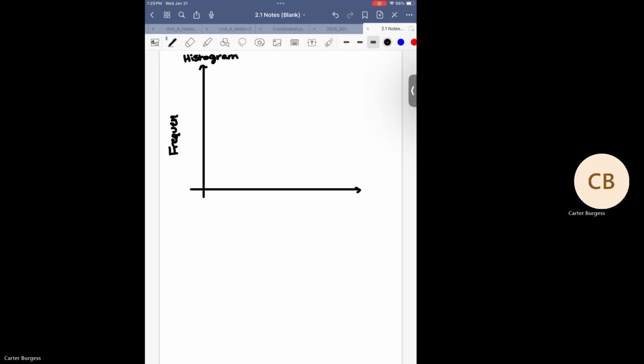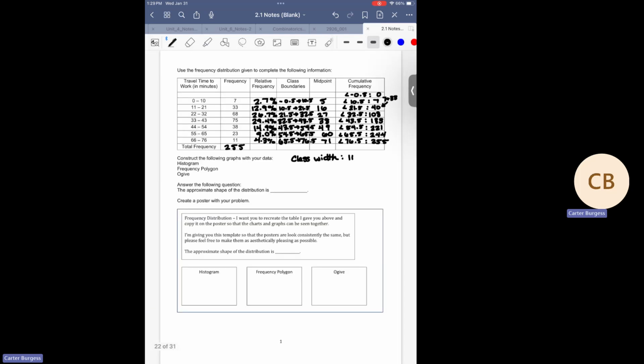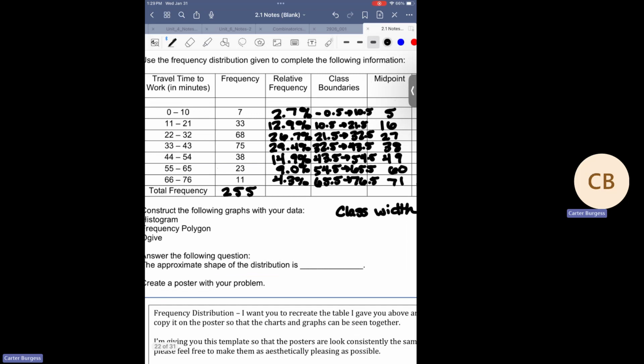So let's take a look at how we are going to actually present the data that we have collected here. We're going to start with a histogram. For the first two, our y-axis is just going to be the frequency. Looking at the frequency, we'll notice that 75 is the largest value we're ever going to have to worry about.